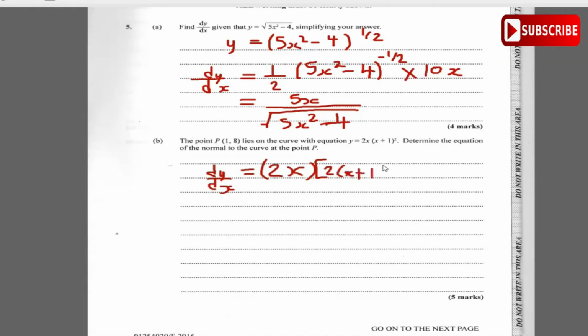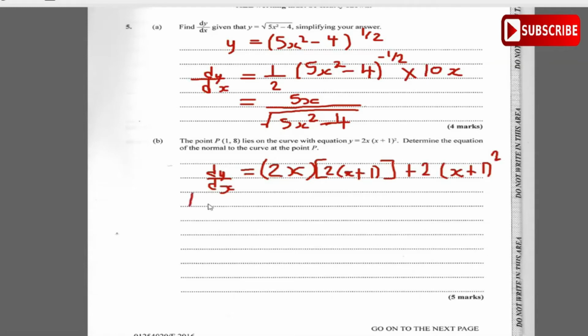Keep the first, then differentiate the second, plus keep the second and differentiate the first. Differentiating the first, I get 2 times (x plus 1) all squared. All right, so that's dy by dx. Now I need the gradient at P. The gradient at P is going to give me the gradient of the tangent at P.